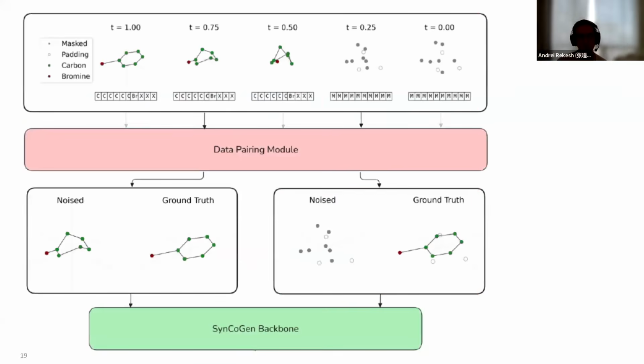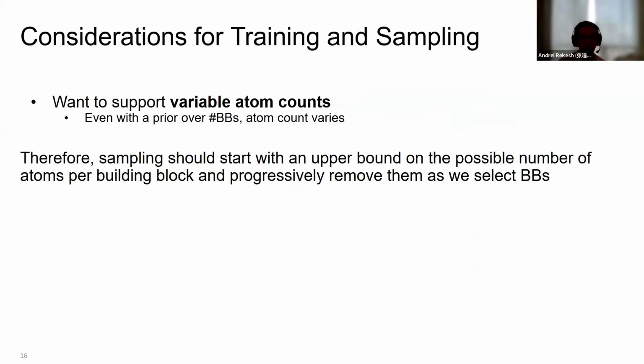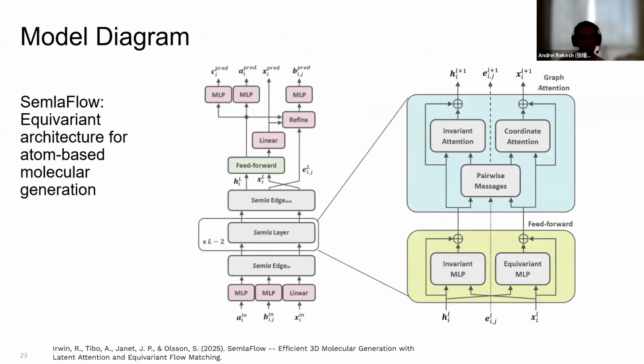In terms of the model itself, we don't actually need to change anything massive about SemlaFlow's backbone. SemlaFlow is an E3 equivariant model, so the invariant and equivariant components have to be treated with some degree of delicacy, in the sense that they have to be passed through the model differently and they can only communicate with each other in a way that doesn't break equivariance.